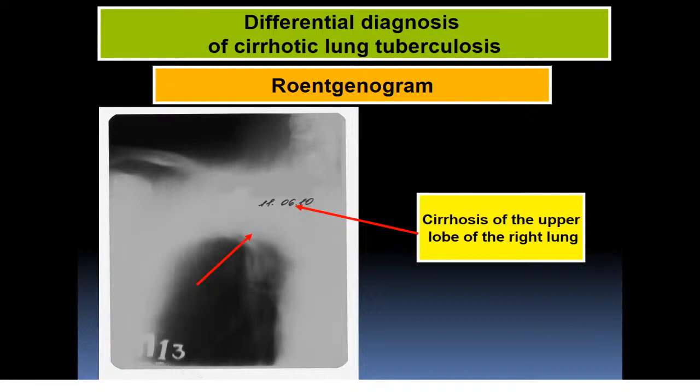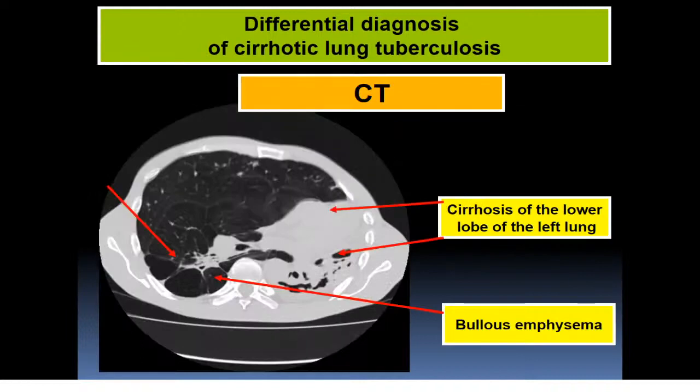Cirrhosis of the upper lobe of the right lung. On this tomography, we can see decreased pneumatization of the upper lobe and decrease in size. And on this tomography, we can see cirrhosis of the lower lobe of the left lung, and bullous emphysema in the right lung.